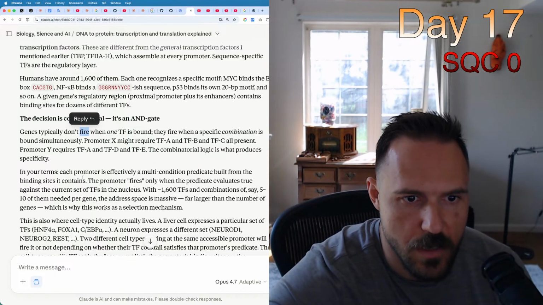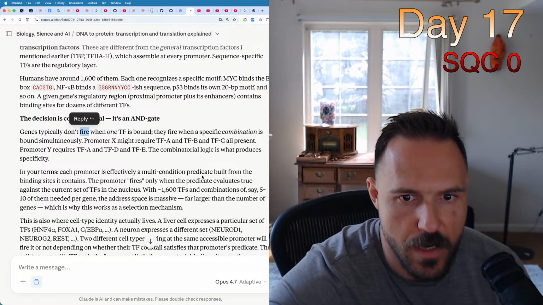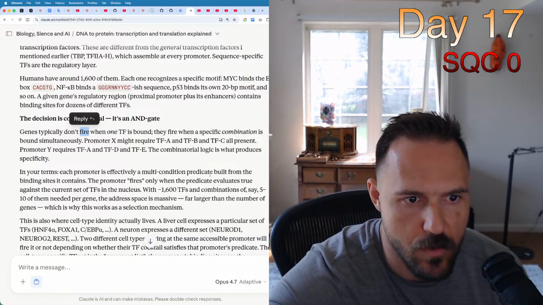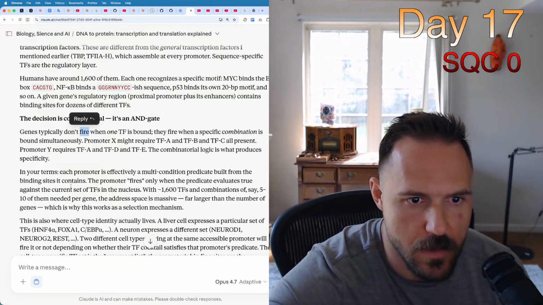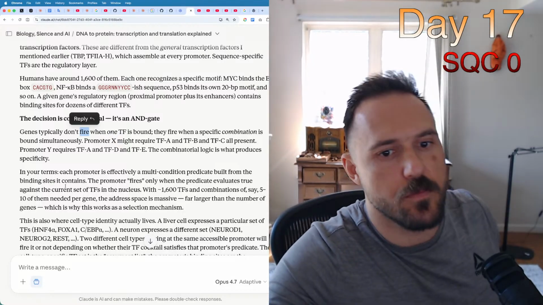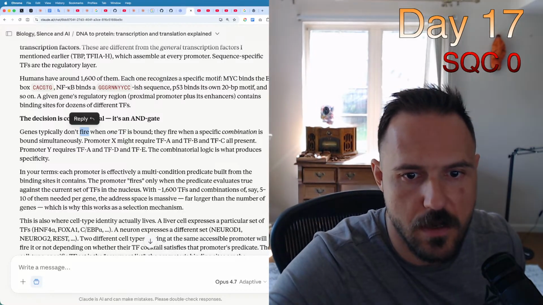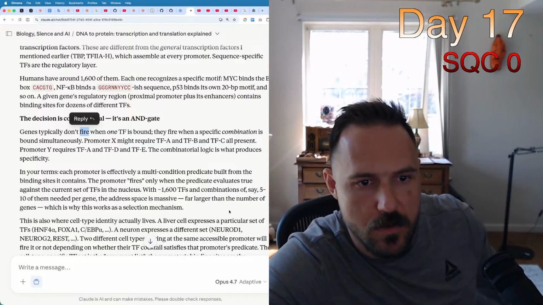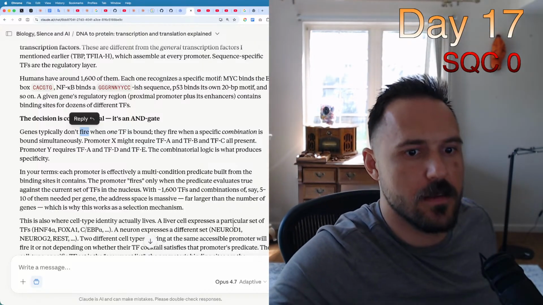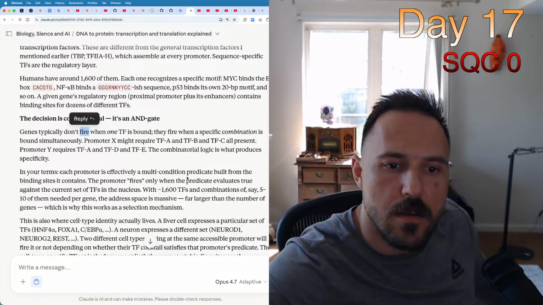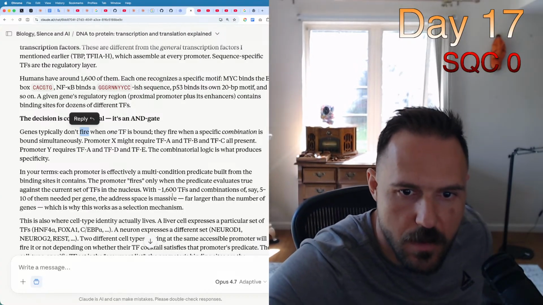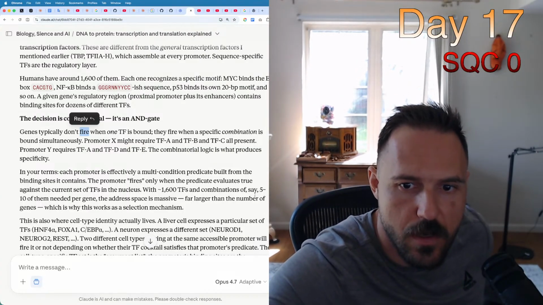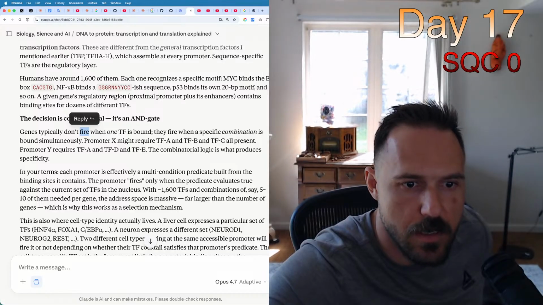In your terms, each promoter is effectively a multi-condition predicate built from the binding sites as constraints. The promoter fires only when the predicate evaluates true against the current set of TFs in the nucleus, and combinations of say 5, 10 of them are needed per gene.